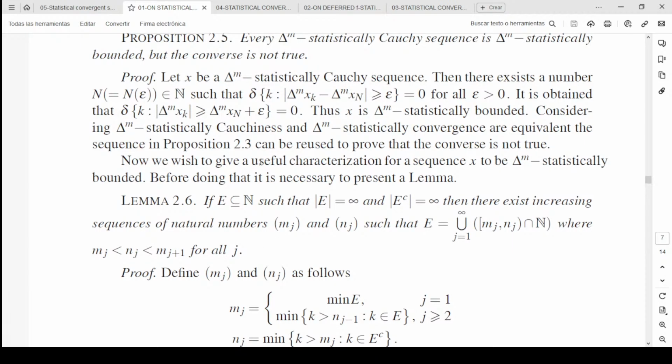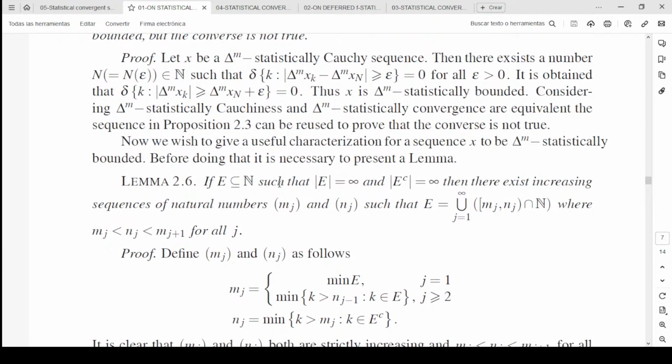So we wanted to give a useful characterization for a sequence to be delta m statistically bounded. Since we needed a lemma to prove our claim in the coming theorem, we needed such a lemma.